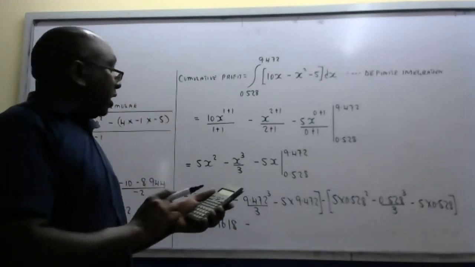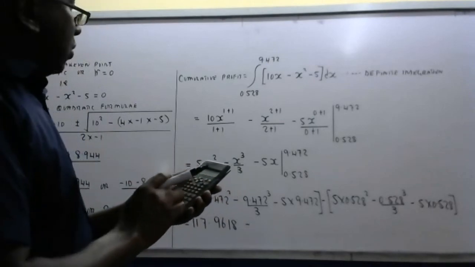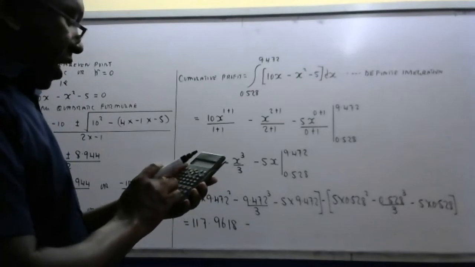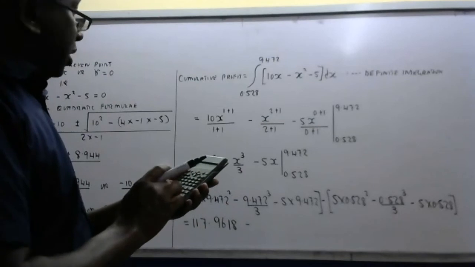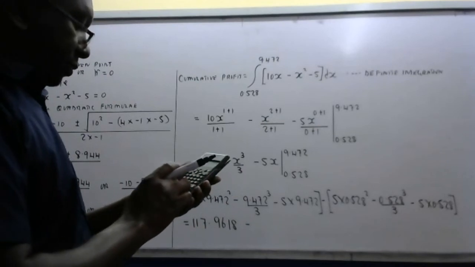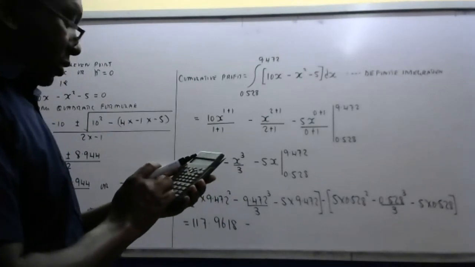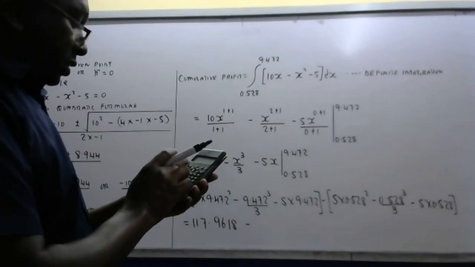Minus, if I go to the other one, 5 times 0.528 squared minus 0.528 raised to power 3 divided by 3, minus 5 times 0.528.